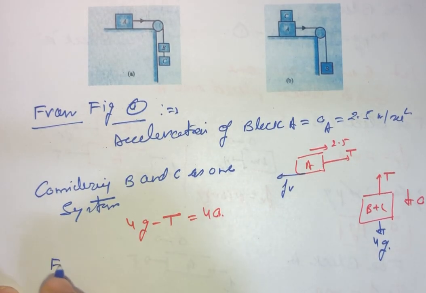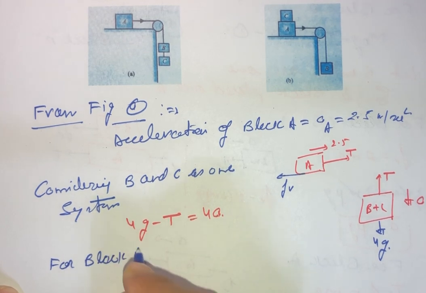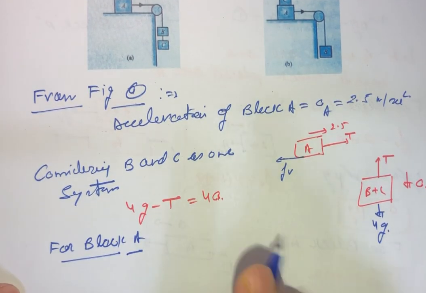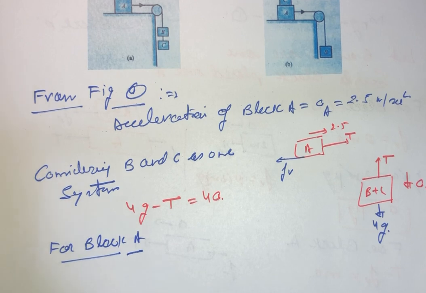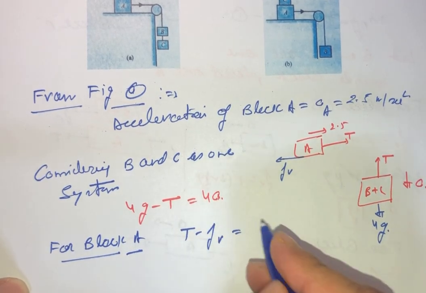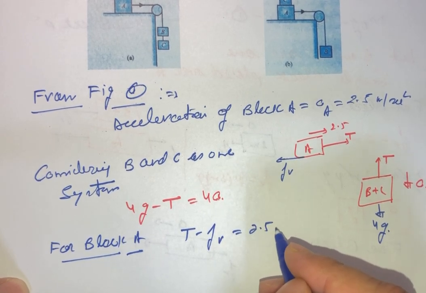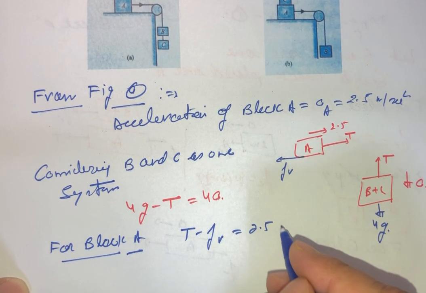So for block A, we can write the equation as T minus FR will be equal to 2.5, the acceleration, times the mass, which is given as 4.